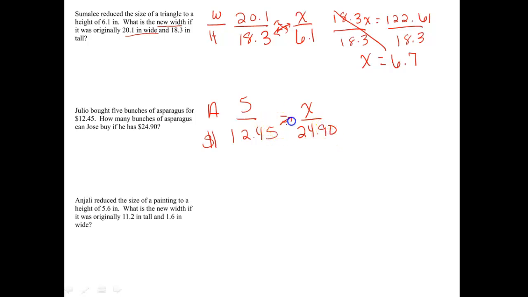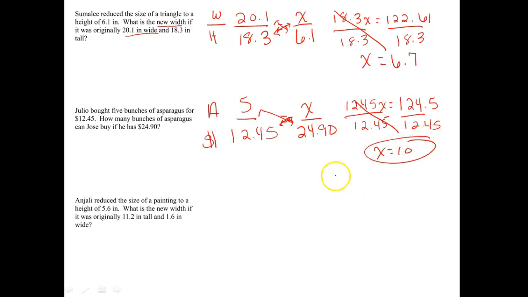So you have to cross multiply. 12.45 times x is 12.45x. 5 times 24.9 is 124.5. Divide both sides by 12.45. And x equals 10. So he can buy 10 bunches for $24.90.